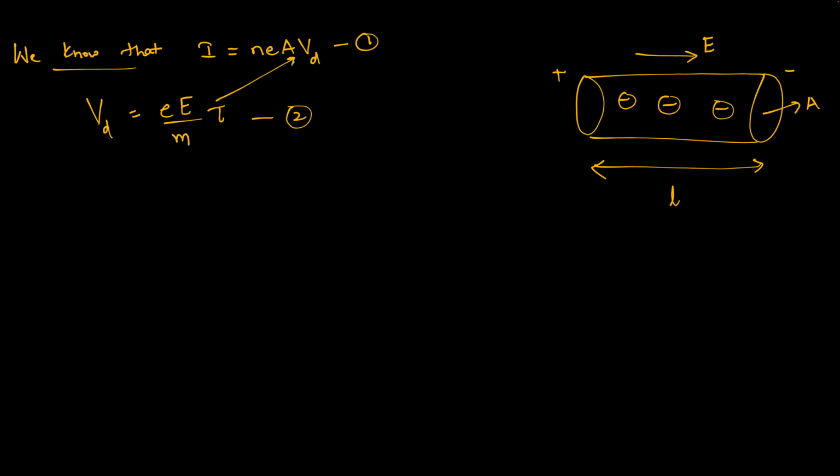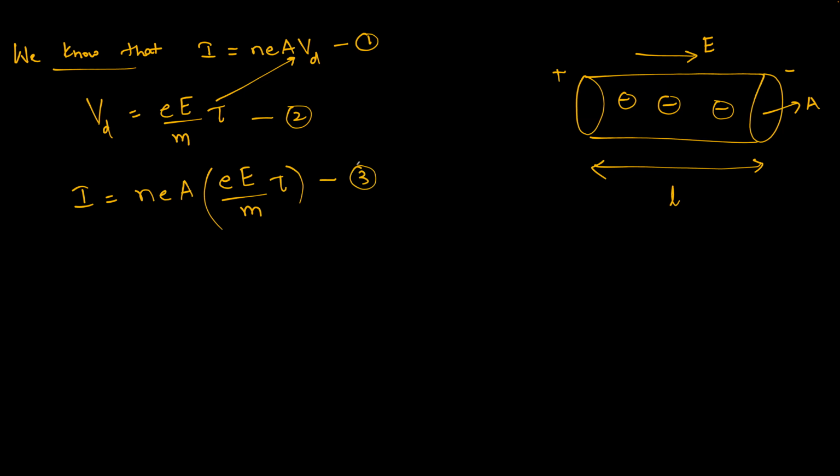Minus sign is used only when you need to speak about direction. So here everything is drawn, so I didn't use it. I is equal to nEA into, in the place of vd, can I write eE divided by m into tau? Let this be the third expression. It is a combination of first and second.